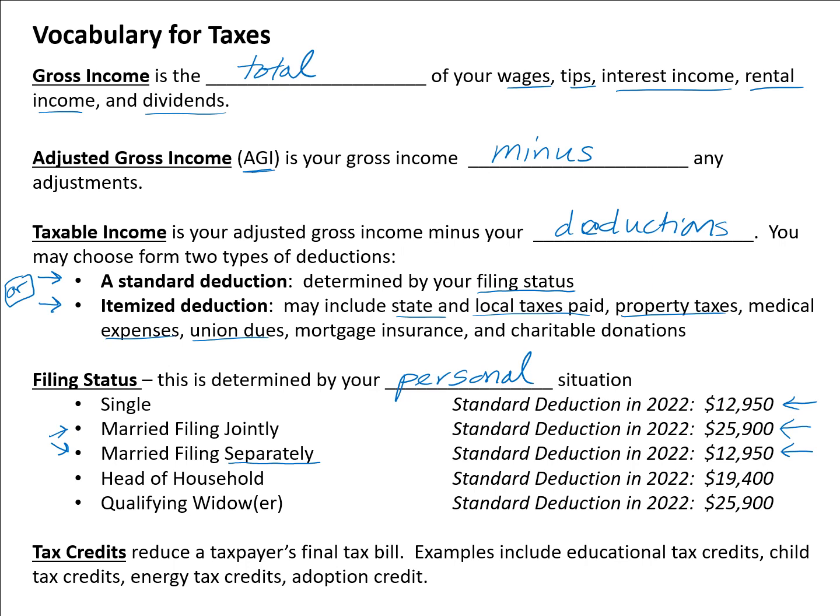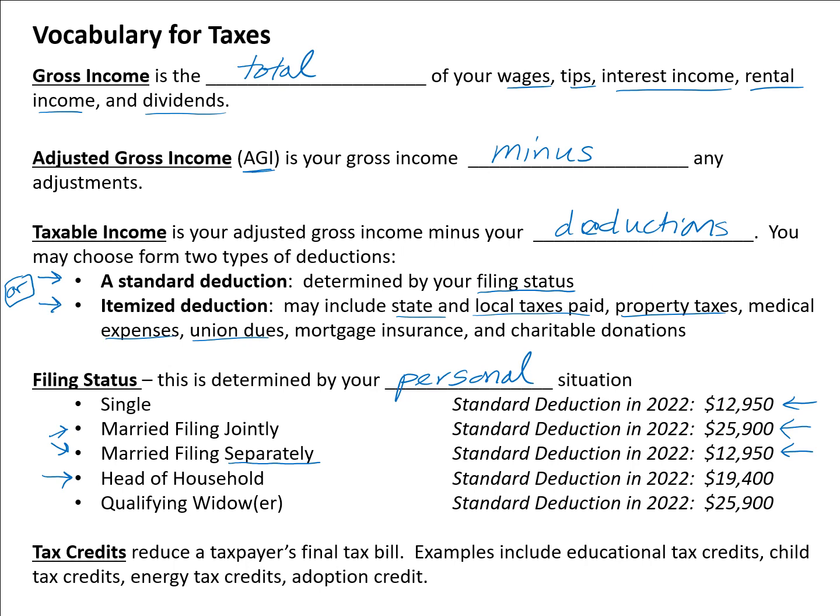So in your homework, I think My Open Math uses 2018 right now in the first edition of the book. And the 2018 standard deductions are a little bit lower than this, because as time has gone on, we've had inflation.